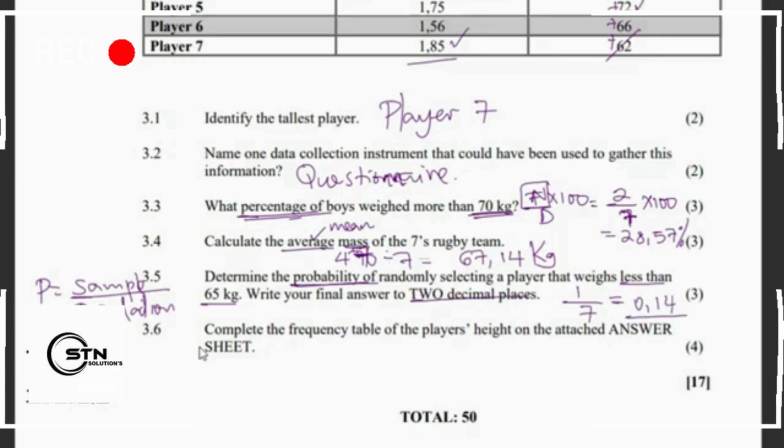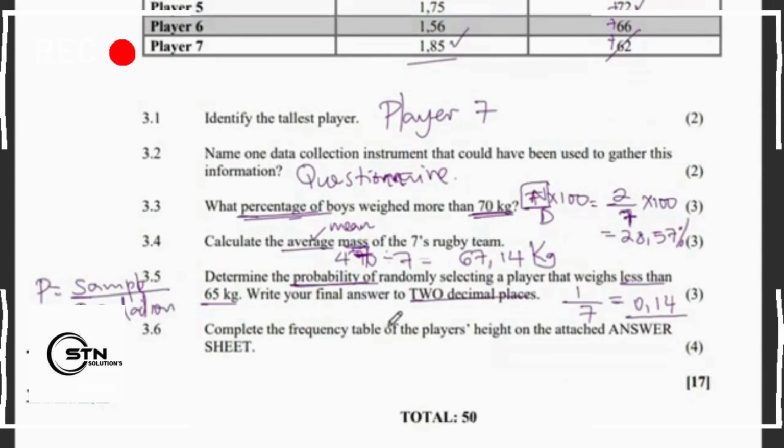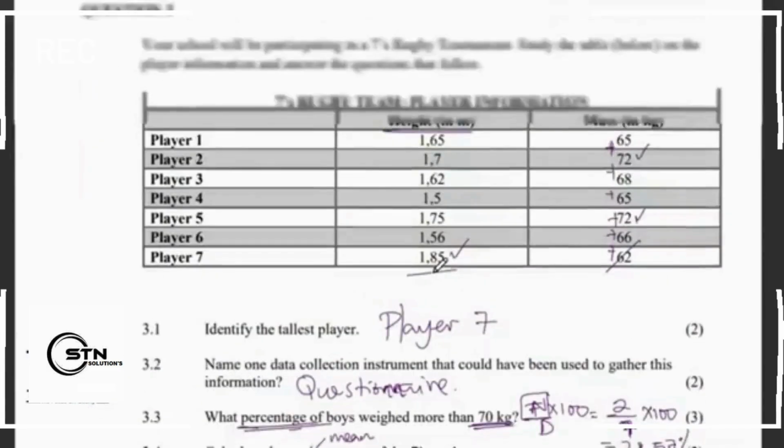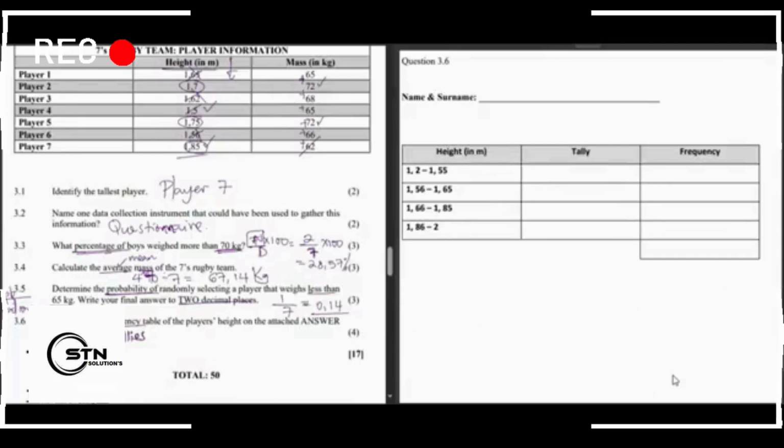So question number 3.6. Complete the frequency table. The moment you hear frequency table, that means we have tallies to use. So we're going to use the tallies. Let me use this other table here. All right.